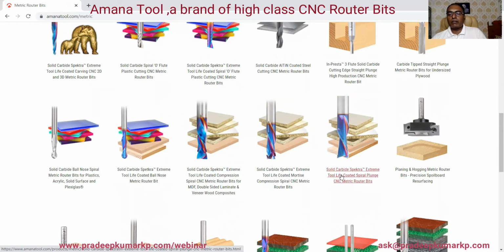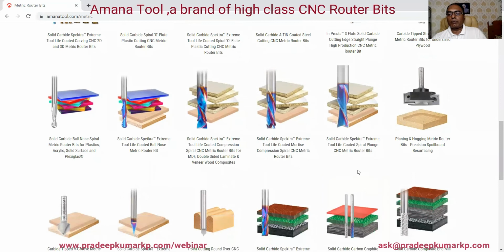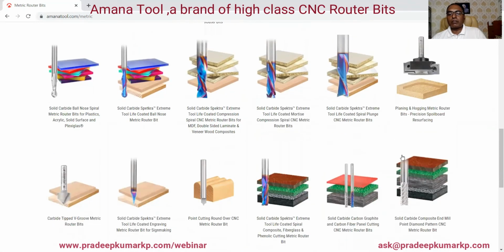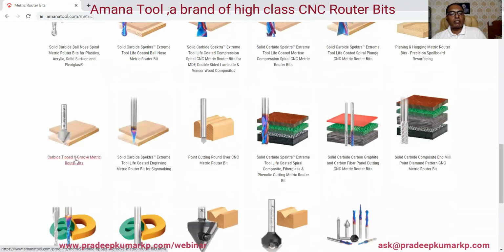Also solid extreme tool life spiral, and planing and hogging metric router bits, and this one is for V groove bits for router bits, and also a solid carbide bit for sign making. If you want to write some small letters, engraving type, point cutting around our CNC, like this shape you can take out from that.